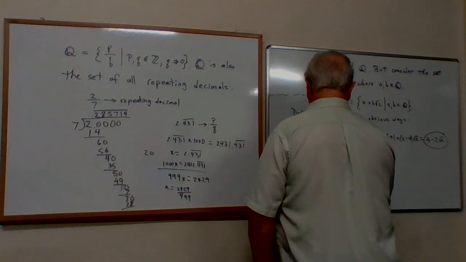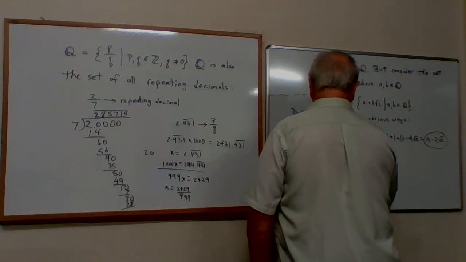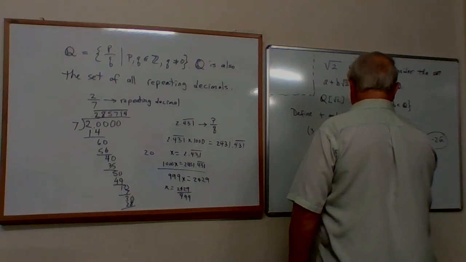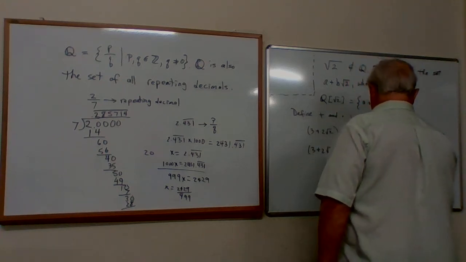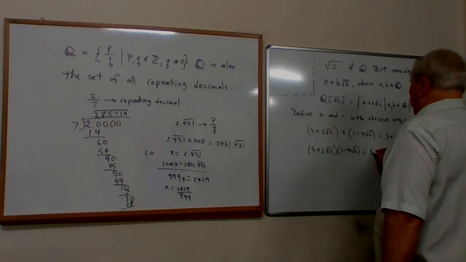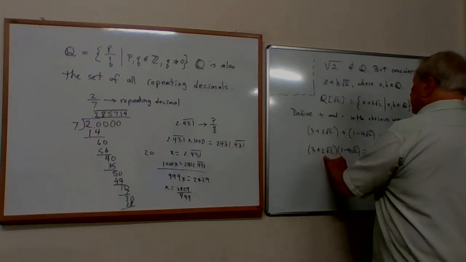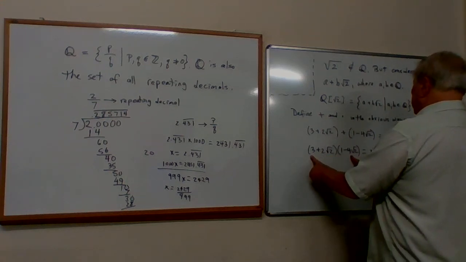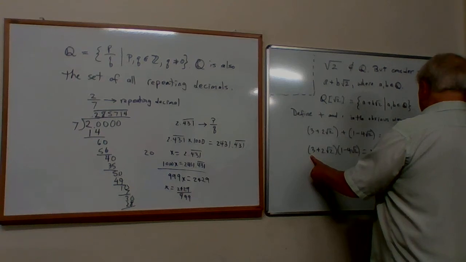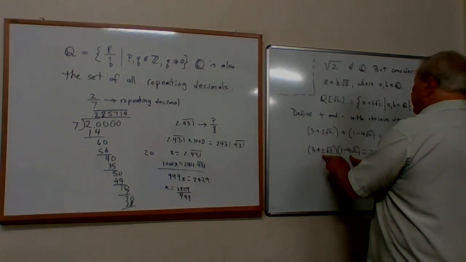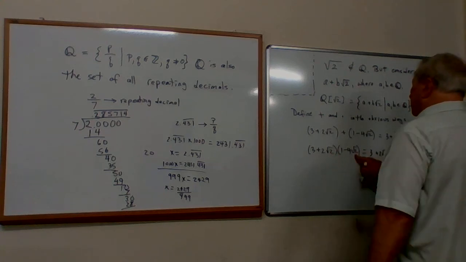Let's multiply these two numbers together. 3 plus 2 times the square root of 2. Let's multiply that by 1 minus 4 times the square root of 2. And you FOIL this thing, so that's 3 times 1 plus 2 times the square root of 2 minus 12 times the square root of 2 minus 8 times the square root of 2 times the square root of 2.